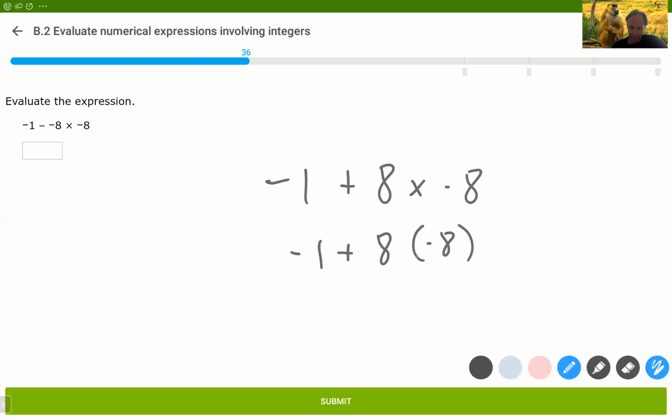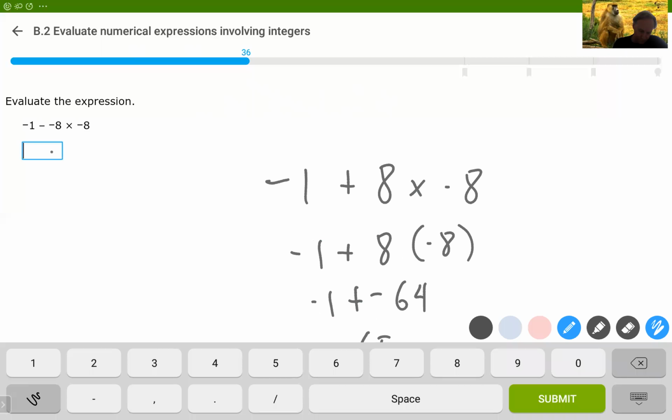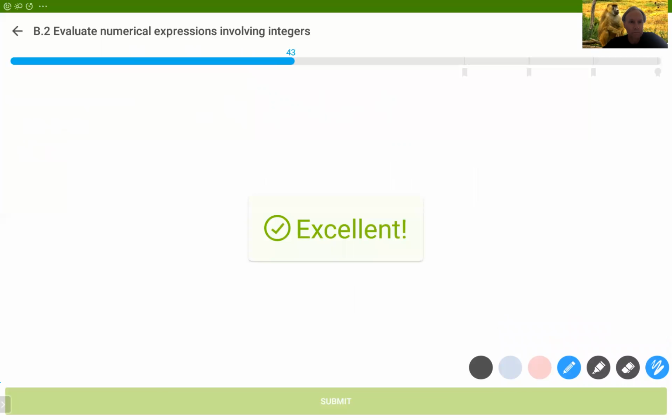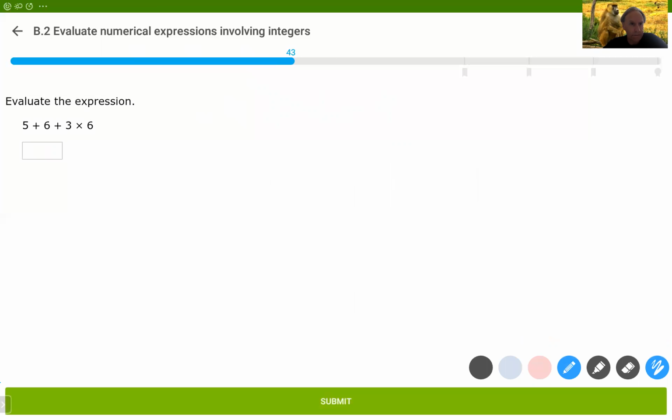So we have to do this multiplication first, and this is 8 times -8, which is -64, plus -1. And then I can do the addition, which is -65.